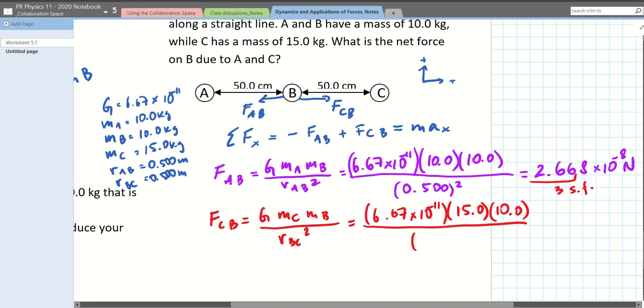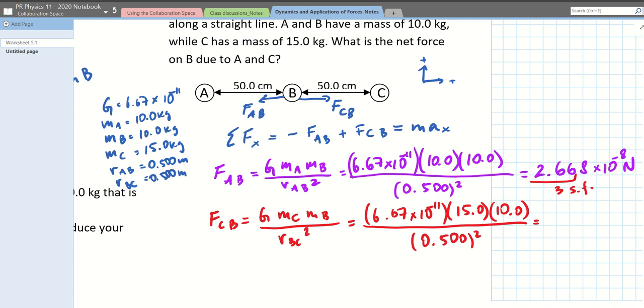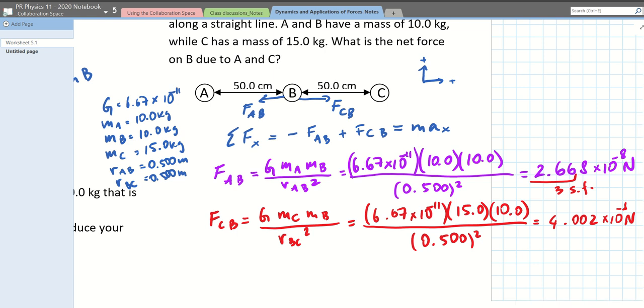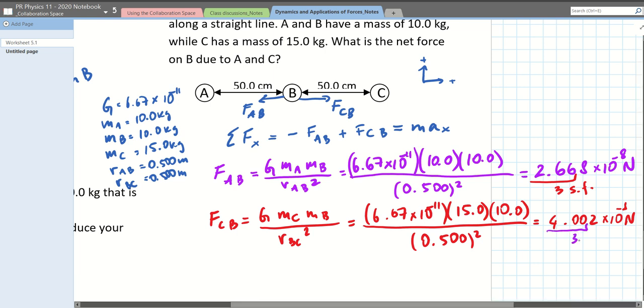So the force should be slightly bigger than the other one. The distance apart is still the same. So 6.67 raised to negative 11 times 15 times 10, then divide by 0.5 squared. So I got 4.002 times 10 to the negative 8 newtons. All right, so again, gotta remember that this is going to be rounded to 3 sig figs here.